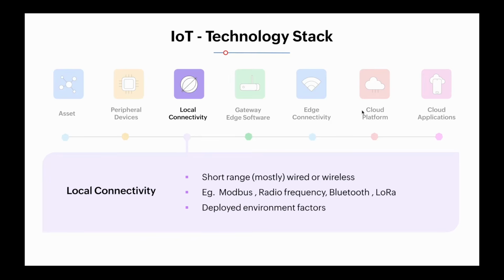In certain smart city or smart building use cases, wireless technologies that work on radio frequencies, like LoRa and Bluetooth, are also used. And the choice of all these technologies and sensors depends a lot on the deployment environment factors.